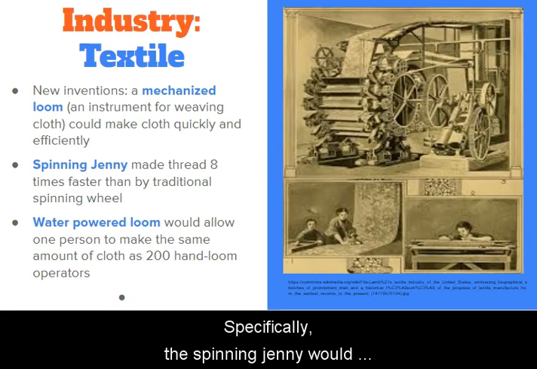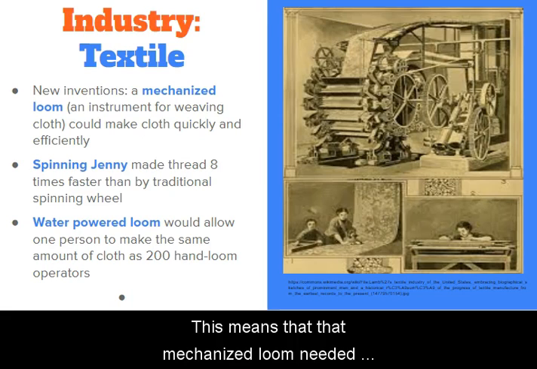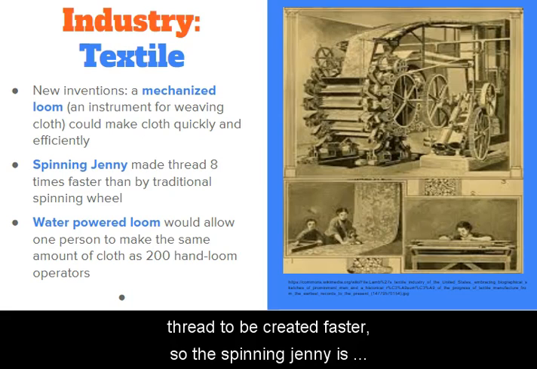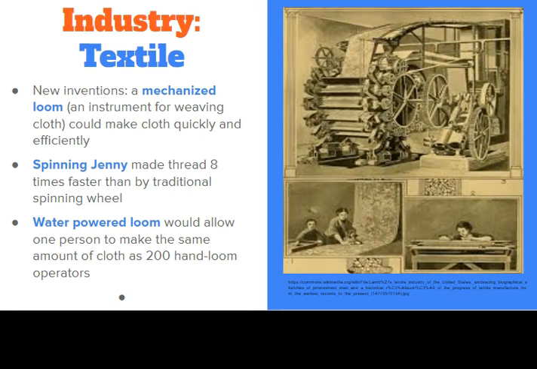Specifically, the spinning jenny would make thread 8 times faster than the traditional spinning wheel. This means that the mechanized loom needed thread to be created faster, so the spinning jenny was invented in order to create that thread.